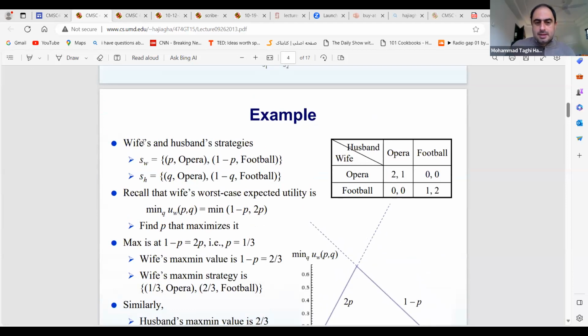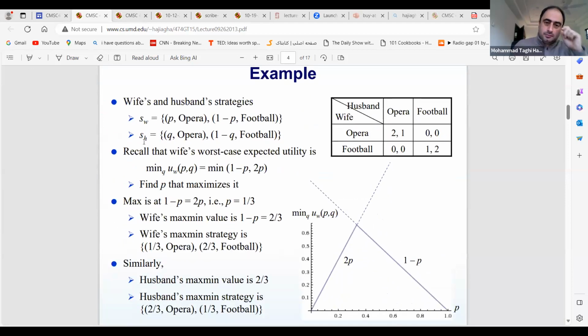Okay, so let's see the example that we had, the battle of the sexes with the wife and husband. If you remember from a few slides ago, this was the wife's worst case utility, when the husband takes the mixed strategy of q opera and 1 minus q football.